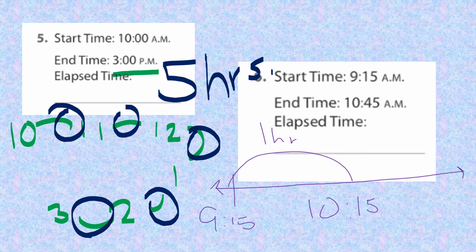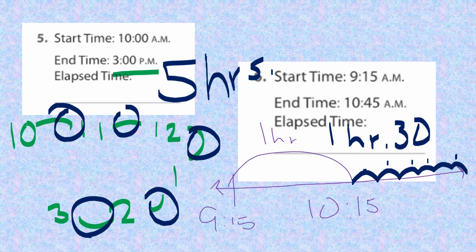And now I can just hop 5 until I get to 10:45. So I have 5, 10, 15, 20, 25, 30. So the elapsed time is 1 hour and 30 minutes.